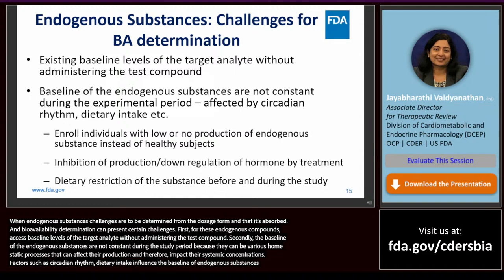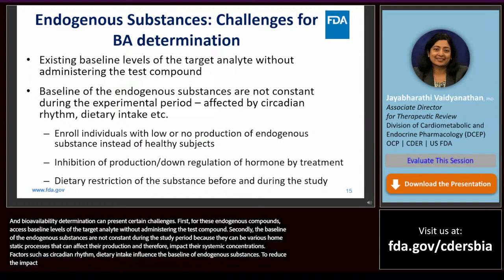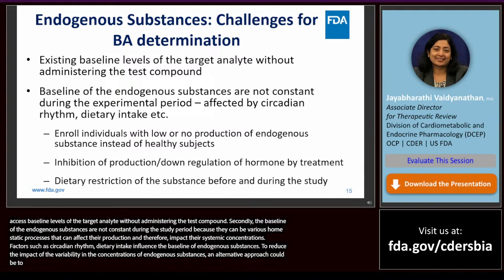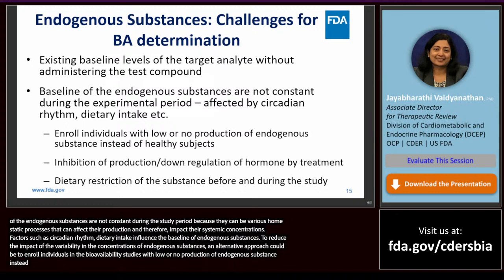To reduce the impact of this variability in the concentrations of endogenous substances, an alternative approach could be to enroll individuals in the bioavailability studies with low or no production of the endogenous substance instead of healthy subjects.